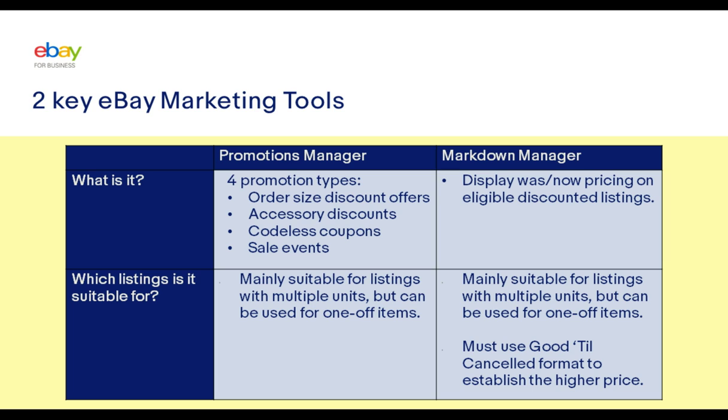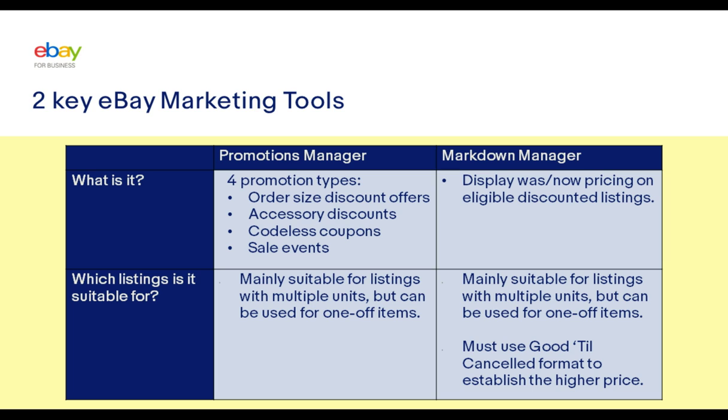So typically it's on things like games consoles with games, and you're getting discounts off the additional items. Codeless coupons, which allow you to run targeted multi-buy offers, which are sent out to just specific buyers. And sale events. Now, the sale events are where we combine Promotions Manager with the discounting that you're getting on Markdown Manager to create a promotional page.